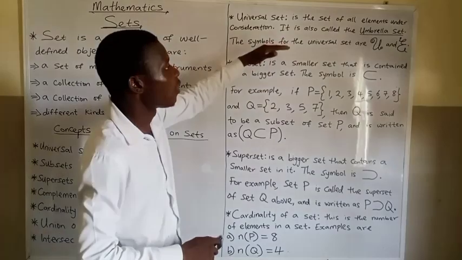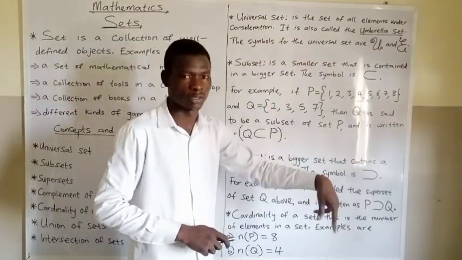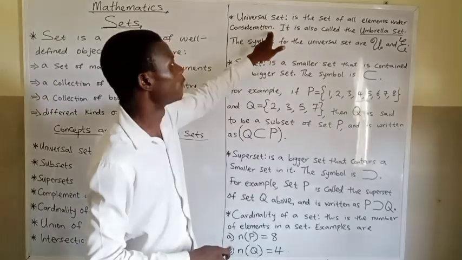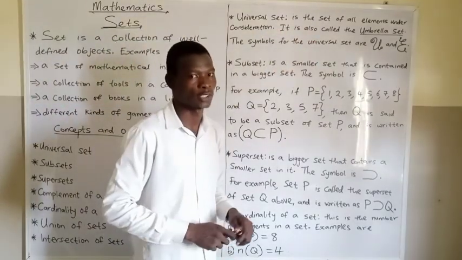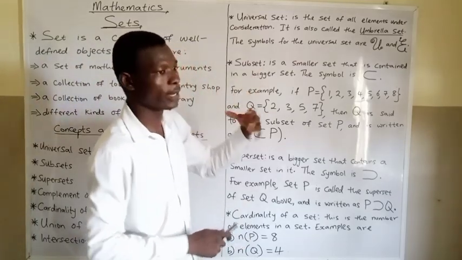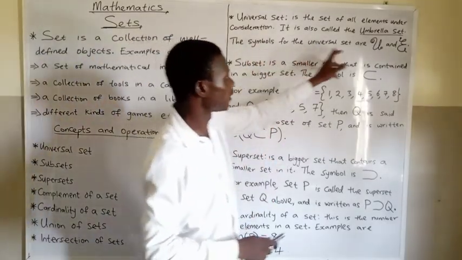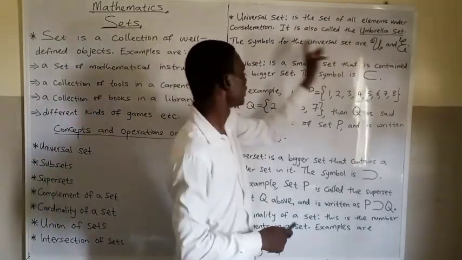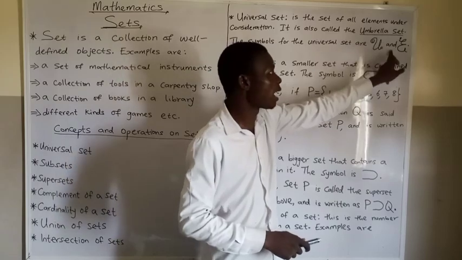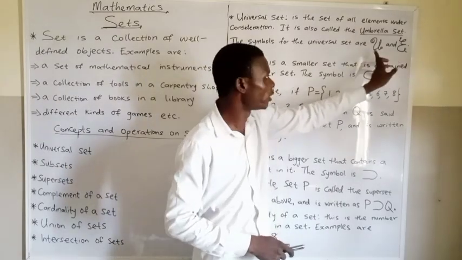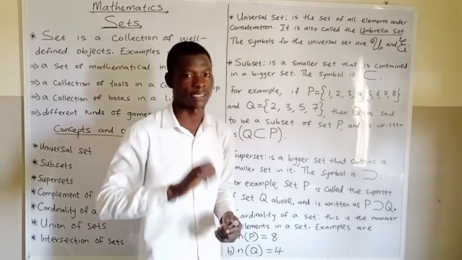So all other sets that will be considered in a given question will definitely be drawn from a universal set that has already been given in that question. And how do you identify the universal set in a question? These are the symbols for identifying the universal set. The symbols are curly U and curly E. So when you see any of these two symbols in a question, you tag them the universal set.